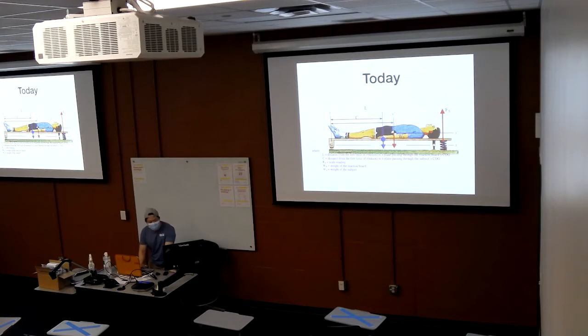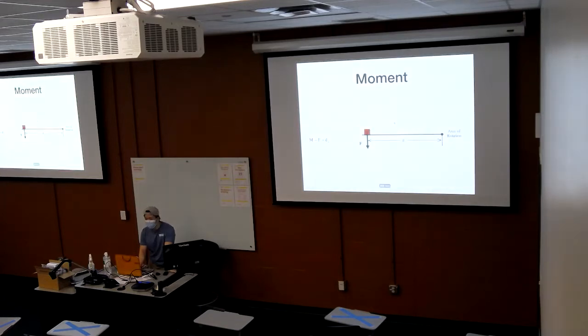But how do we calculate the distance from your toe to the center of mass? We need a concept called moment. Have you heard of moment previously, or torque? And how do we calculate a moment in this situation? Here is an axis of rotation, and we apply a force here. What's the moment of this segment? How do we calculate moment?